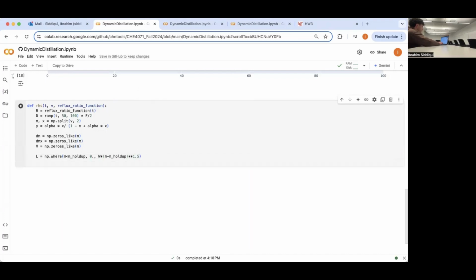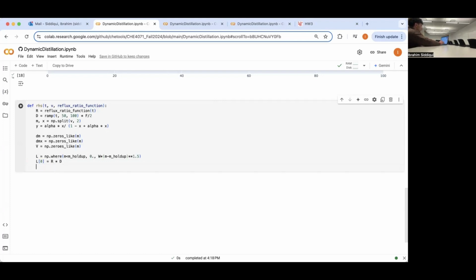Okay. So this L naught, pulling this first value again of that liquid flow rate, is going to be equal to R times D. Essentially just a balance of our reflux ratio function and our distillate that we just labeled as our new distillate based off of our ramp.